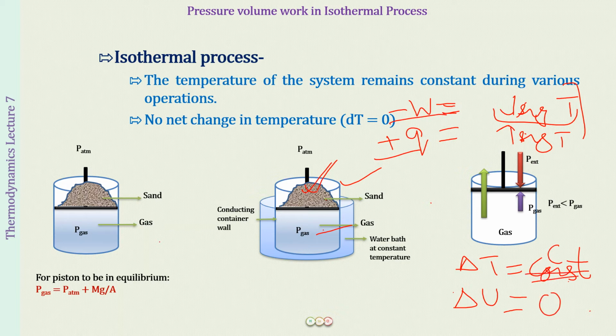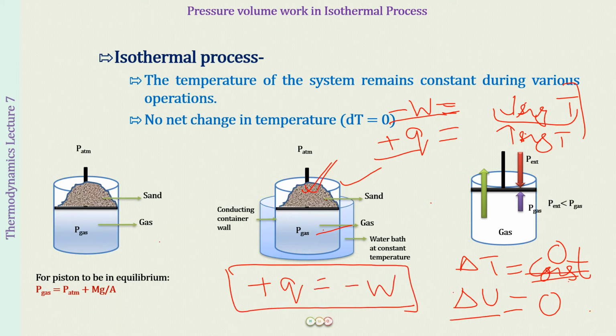So delta T is 0 and delta U is equal to 0, so Q is going to be equal to minus W. This is what has happened in the process. I hope now it is clear how we maintain isothermal conditions.